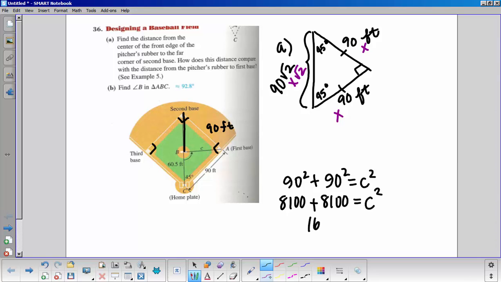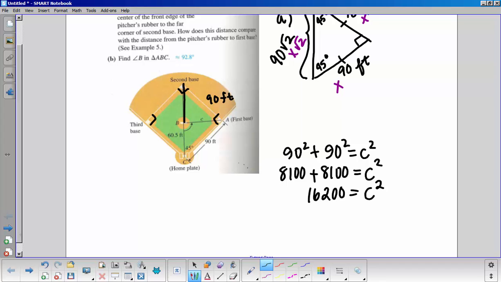Oh my gosh, I'm adding in public again. Hide the animals. Okay, I'm going to take the square root of both sides here. And can I say that this is 162 times 100 here? Yes. Right, and I know this, then I can bring a 10 out. And then 162.